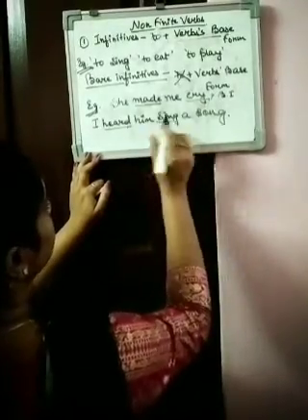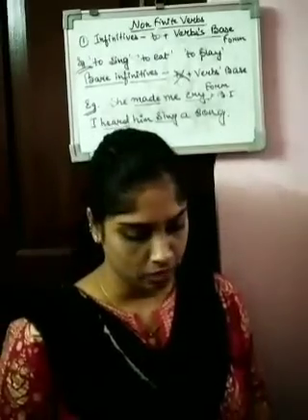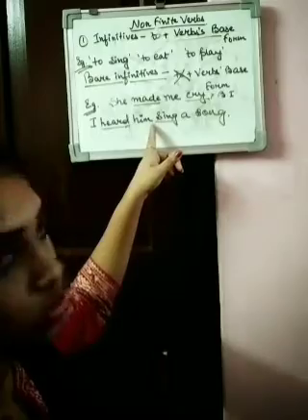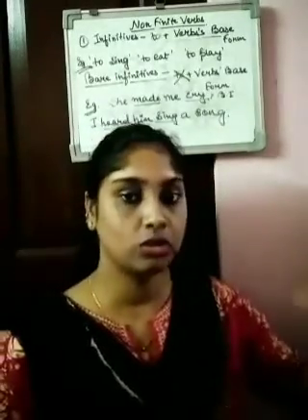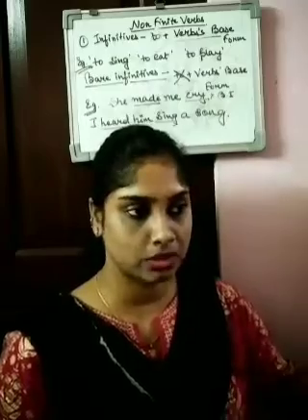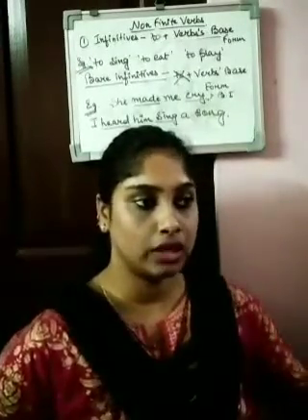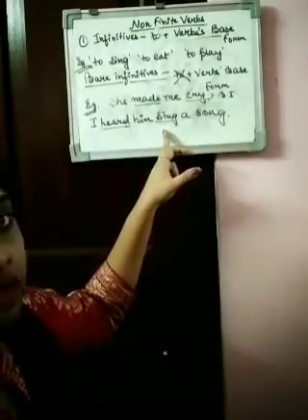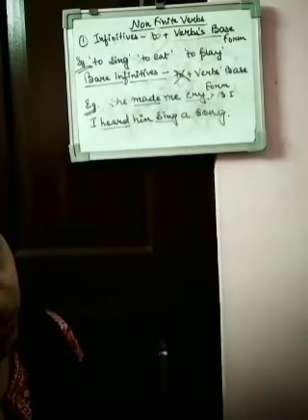That person was singing a song. So I hope you have understood. And while this to is not present here, that means I heard someone sing a song. So this is the infinitive, but here while to is not mentioned, that means this is a bare infinitive.